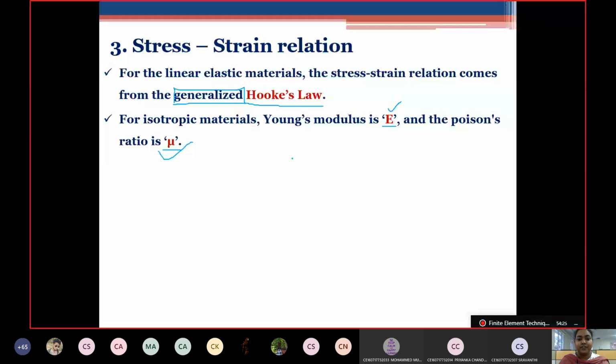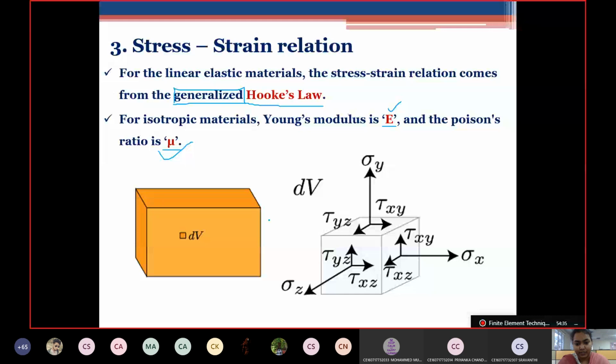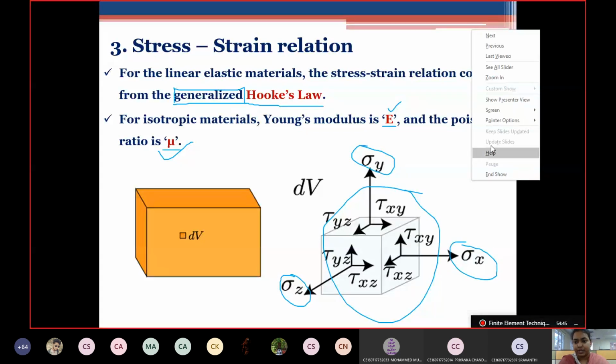Now, for generalized Hooke's law, we have various stresses. We saw normal stresses and we have shear stresses. This figure I think we already saw, right?